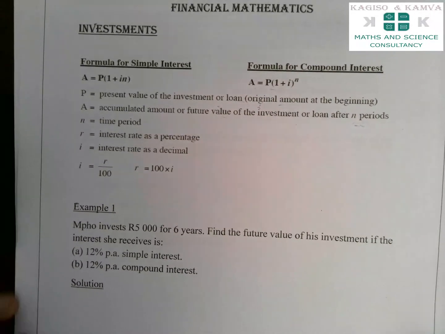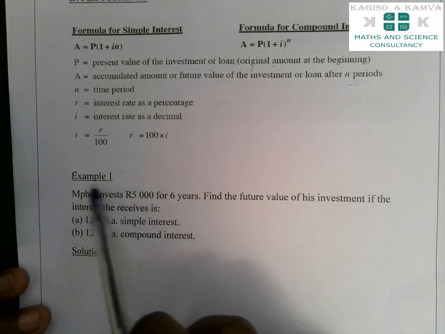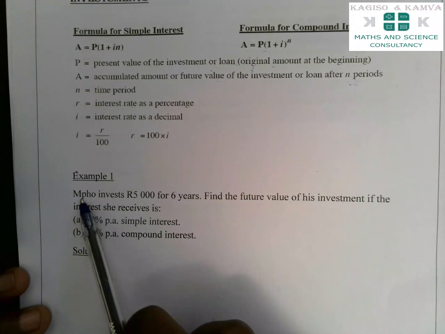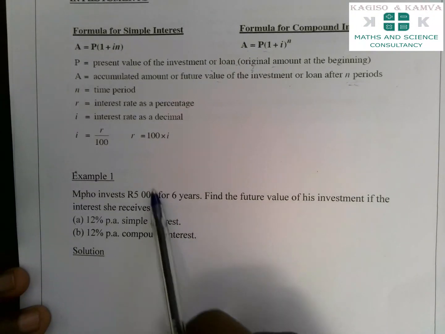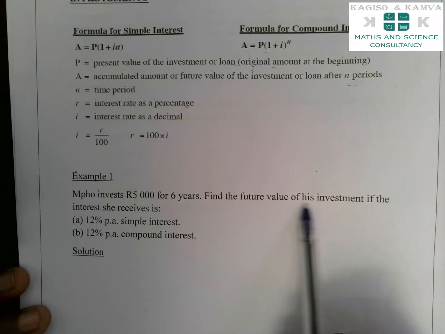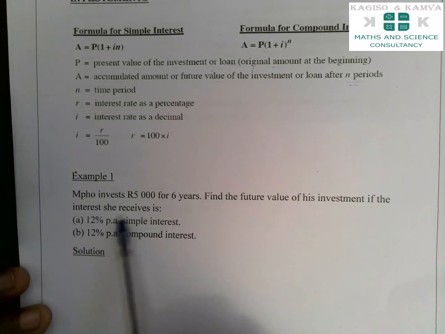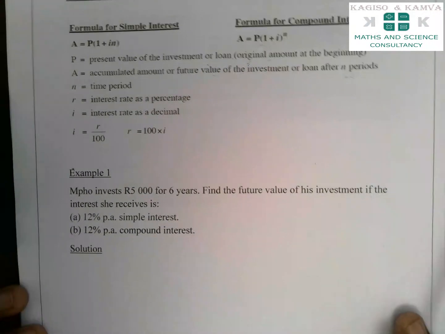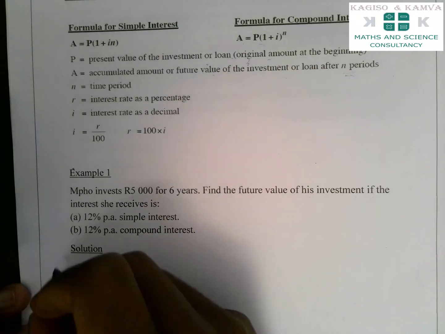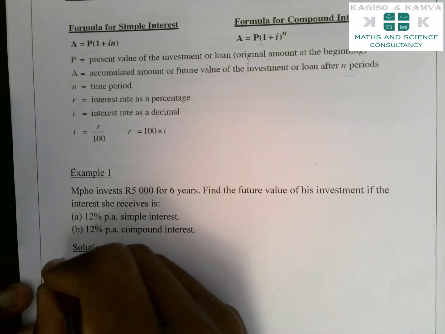So without any waste of time, let us just go straight to the examples. Example 1. Mpo invests 5,000 for 6 years. Find the future value of his investment if the interest she receives is (a) 12% per annum simple interest. In this case, we know the present value.